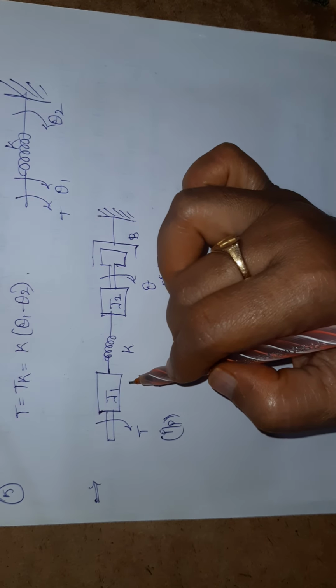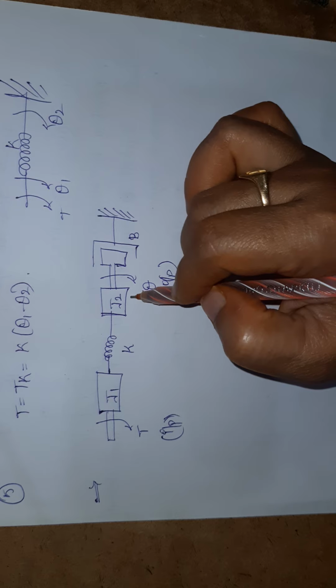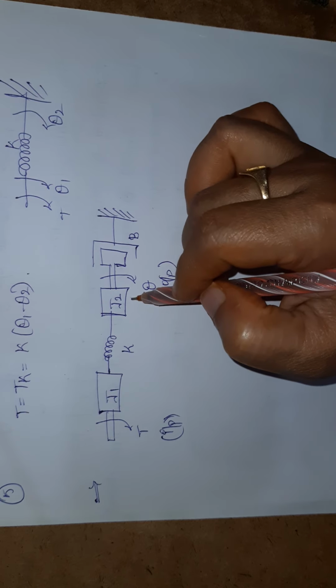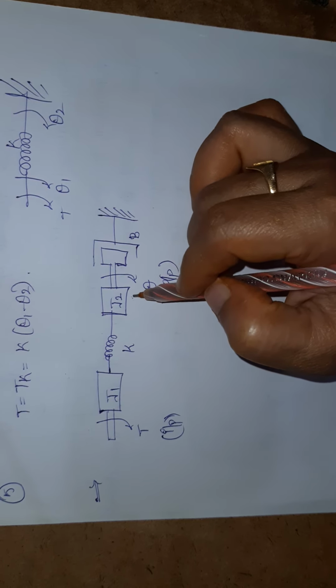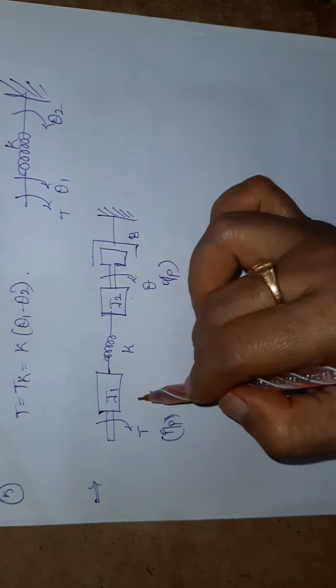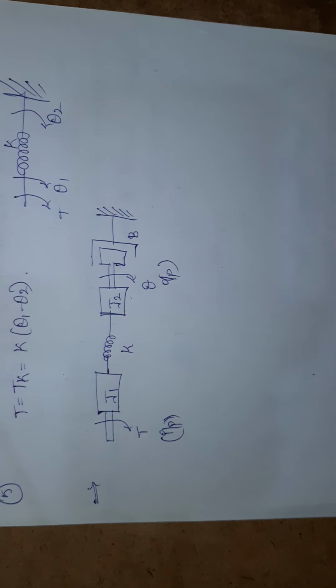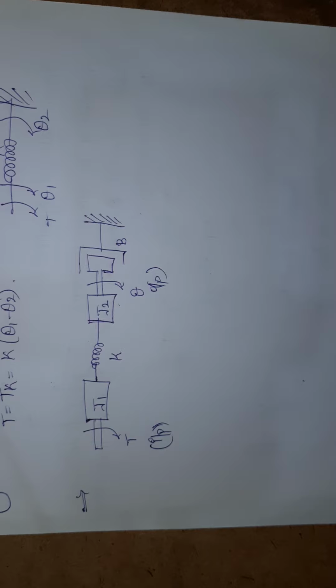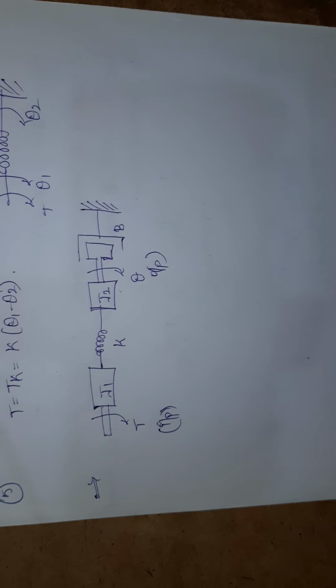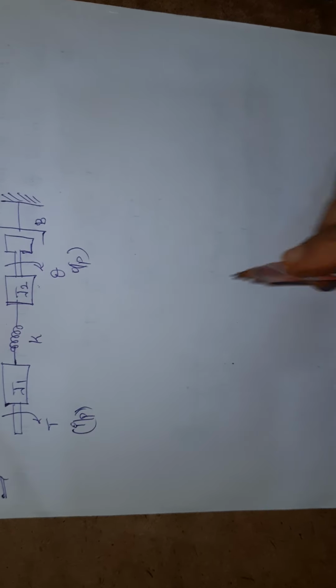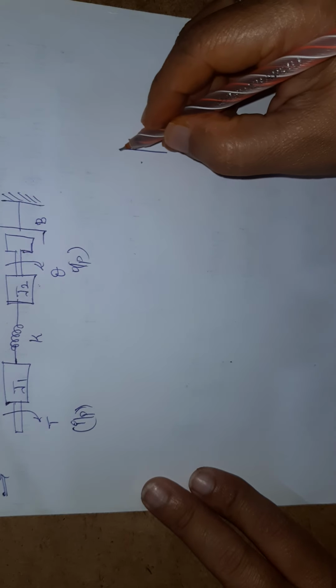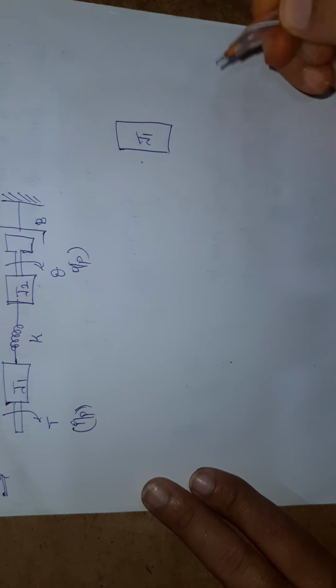So here I am having two moment of inertia elements like mass elements, that is J1 and J2. So we have to consider two nodes. So for each node we have to write the force balanced equation by drawing a free body diagram. Okay, so first for J1 I am drawing the free body diagram.